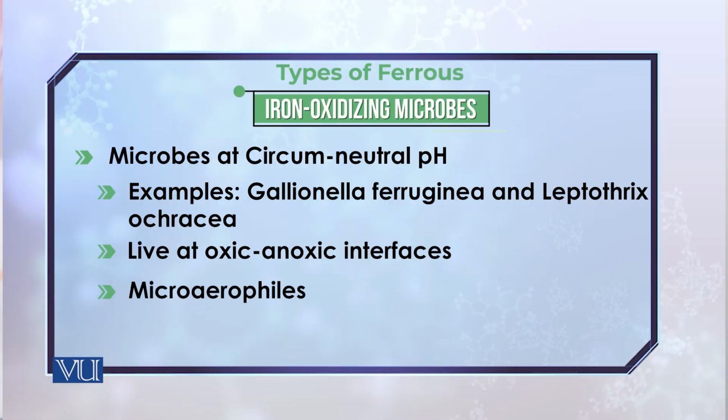These microbes can thrive in conditions which are not as extreme as in the case of acidophiles. They are microaerophiles. Microaerophiles means that they thrive in an environment which has much less oxygen. Neither is the oxygen totally vanished there, nor is it in excessive amount. It has to be in lesser amount.